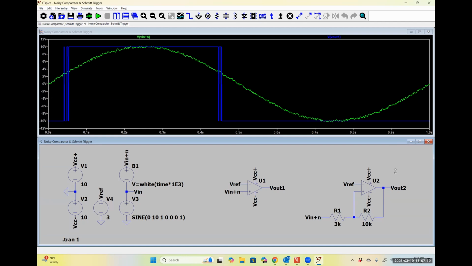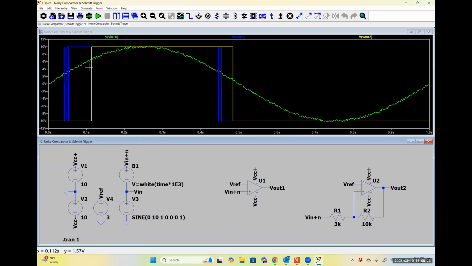Over on the right-hand side, I have a positive feedback op-amp circuit that is more commonly known as the non-inverting Schmitt trigger. And so if I plot the output signal of this guy, we can see that we get the nice consistent square wave that we would expect without any of that ringing.